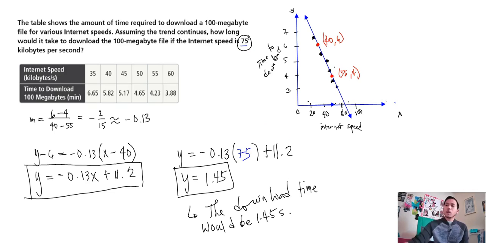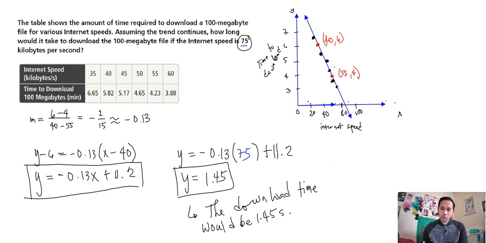All right, so the next one is we are going to analyze lines of fit. That means that we're going to analyze what this scatter plot is telling us.